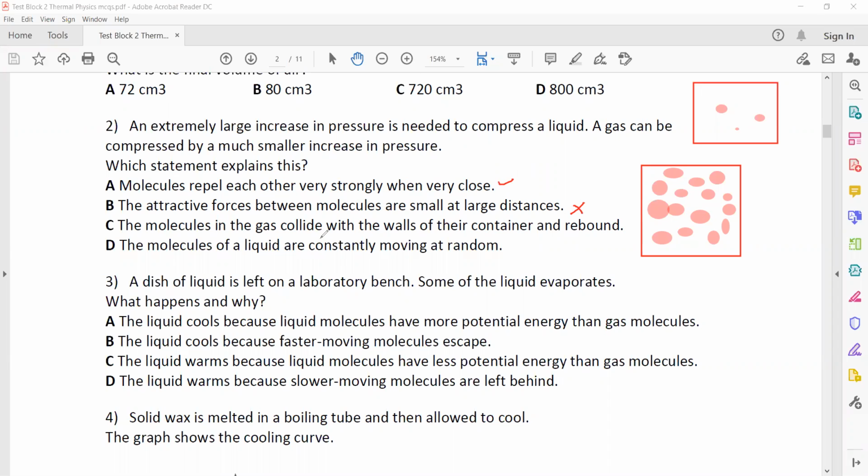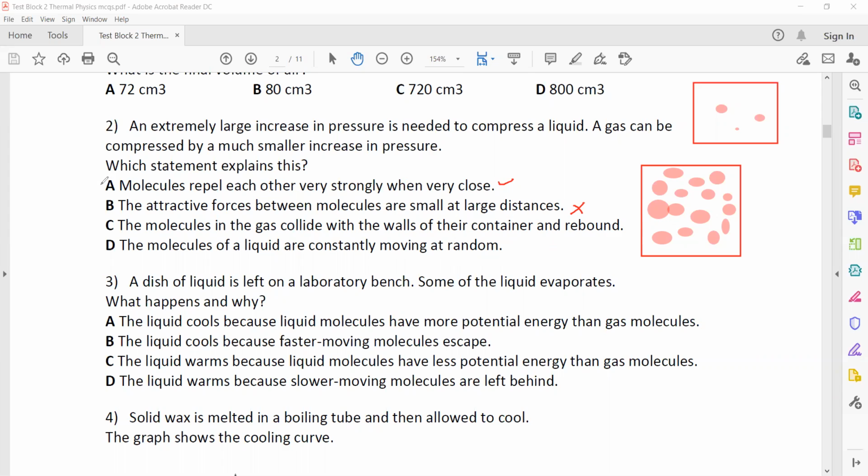The molecules in a gas collide with the walls of the container and rebound. That explains the pressure exerted by the gas, but does not explain the liquid. The molecules of the liquid are constantly moving at random, and can move around each other.